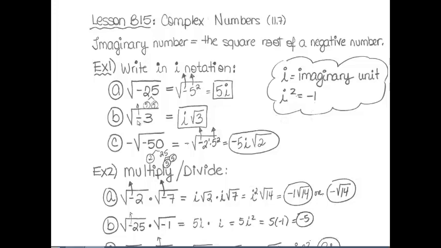So for example, in the next example, I have the square root of negative 3. The negative will come out as i, and the 3 will stay because the 3 cannot come out. So my answer would be i square root of 3. Okay, notice that usually if you have a number outside, the i comes to the right of the number.